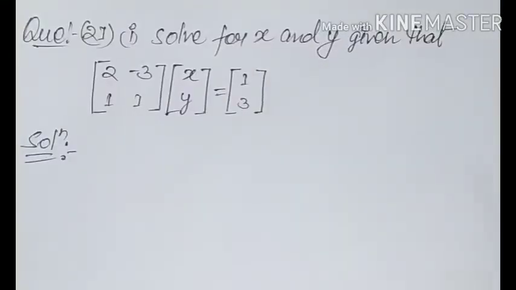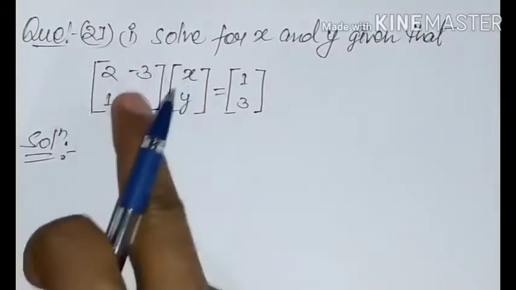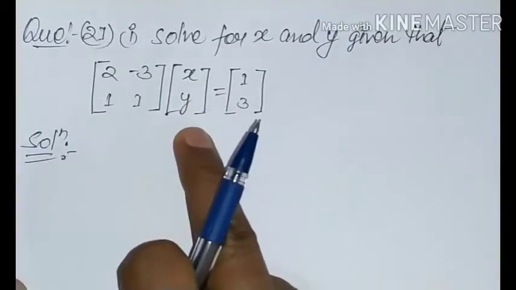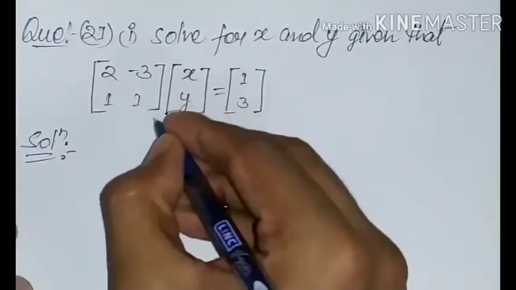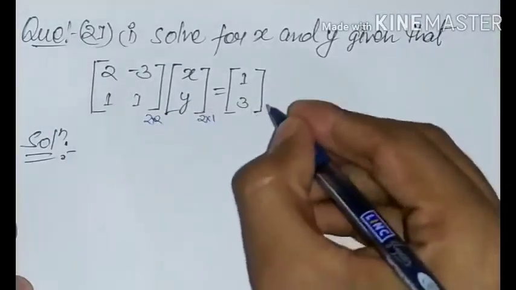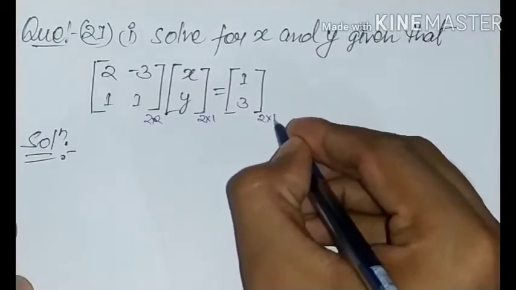Question number 21. Solve for x and y, given that [2 minus 3; 1 1], this is a 2 by 2 matrix, and [x y], this is a 2 by 1 matrix, and the product is a 2 by 1 matrix.